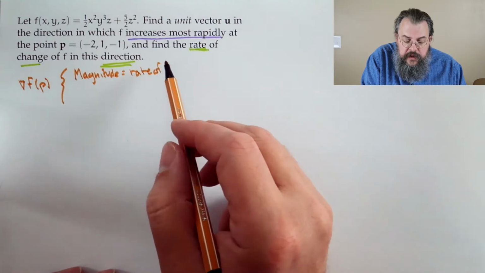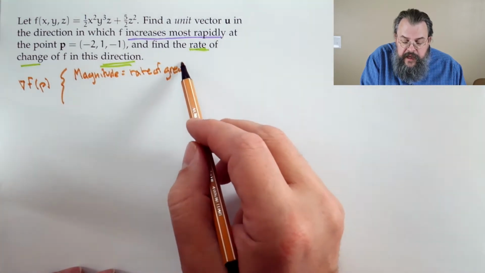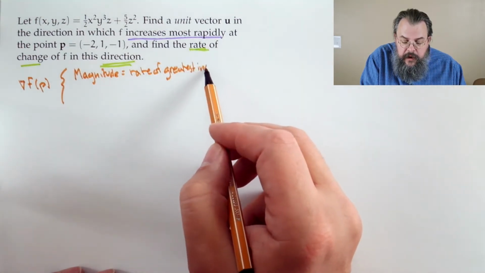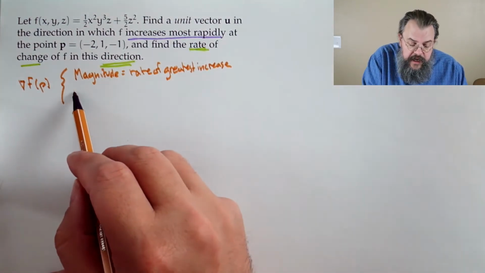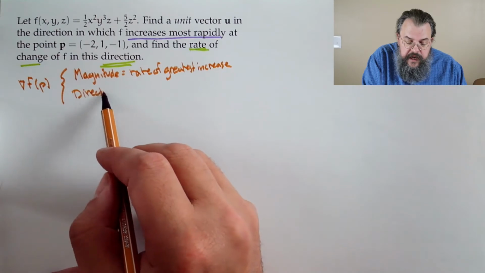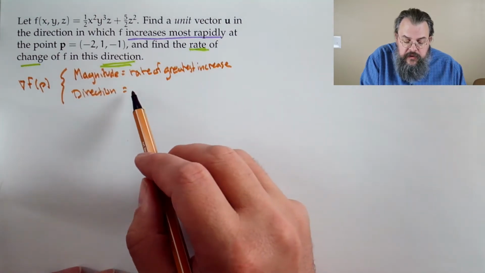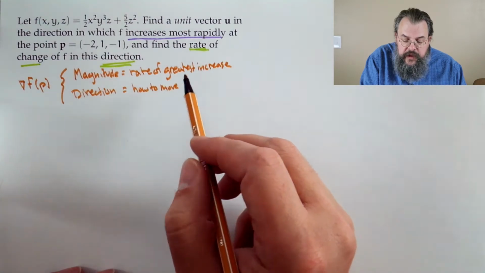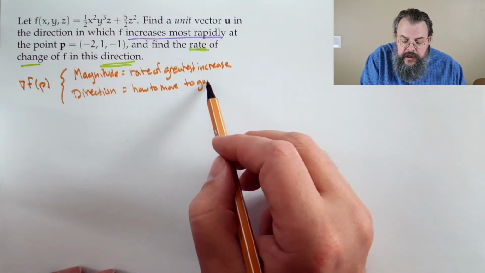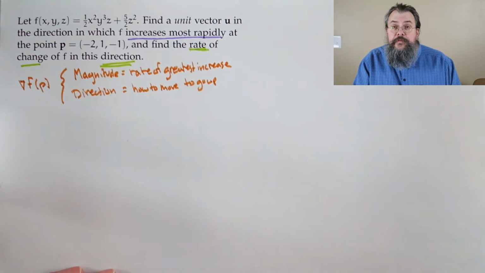In other words, if you want to go up as fast as possible, how fast can we go? Well, look at the magnitude. And the direction, it's the direction of greatest increase. So this is how to move to go up as fast as possible.